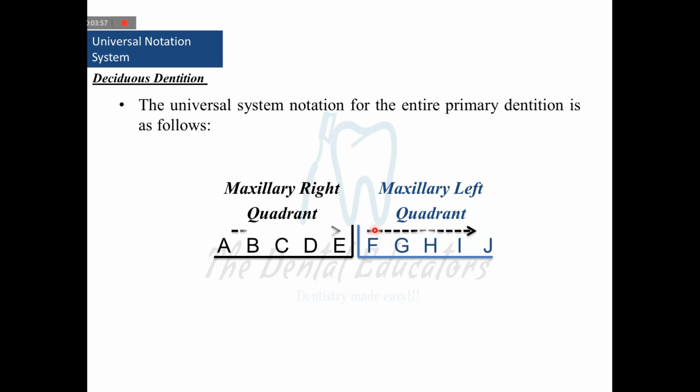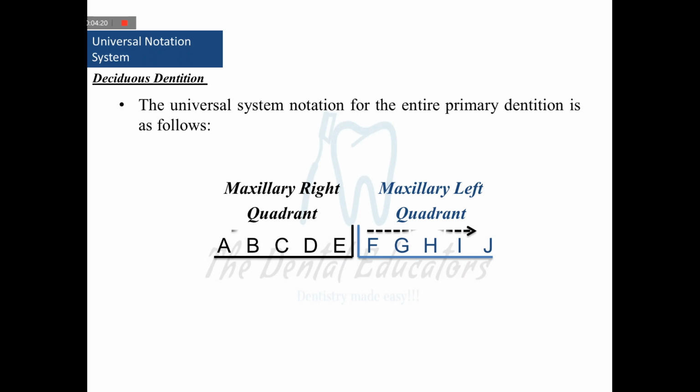Now we count the central incisor and label it as F, then the lateral as G, then the canine as H on the left hand side, the first molar as I, and the second molar as J.